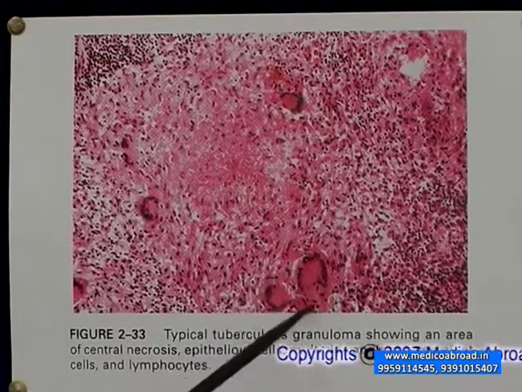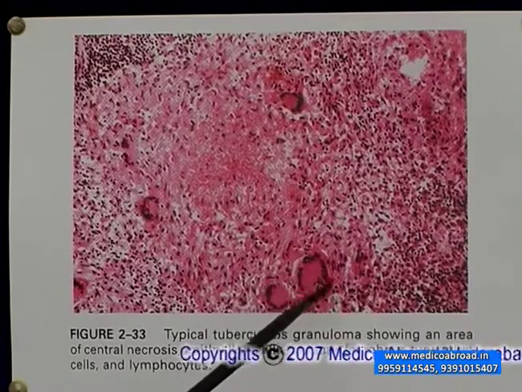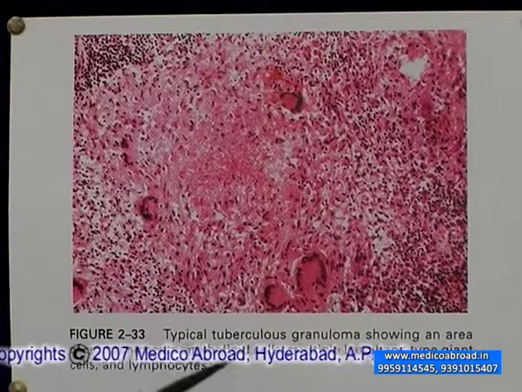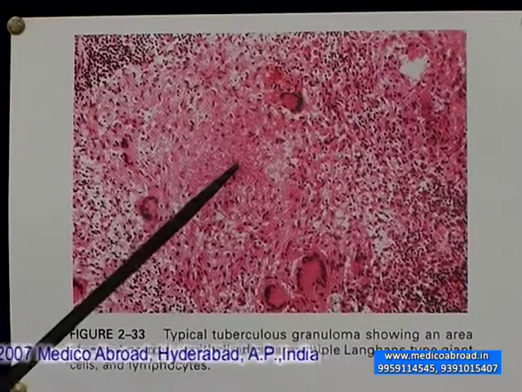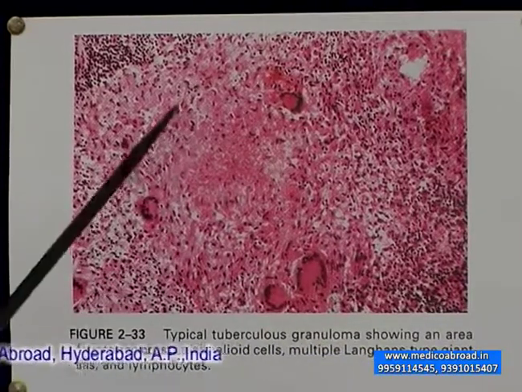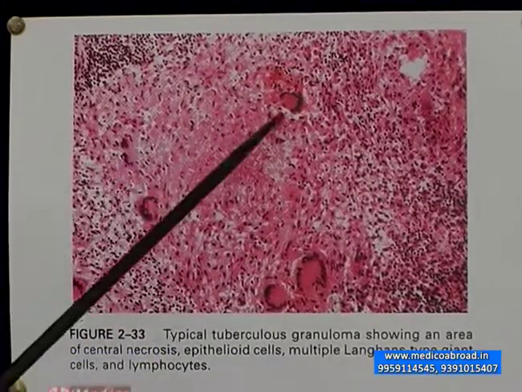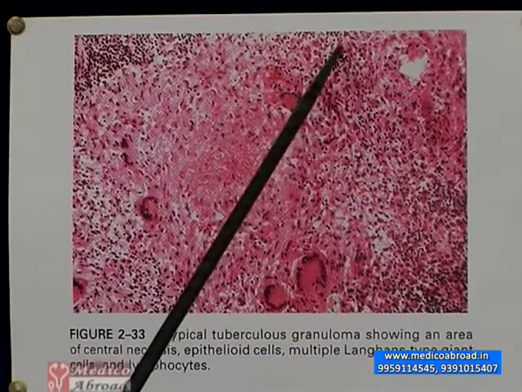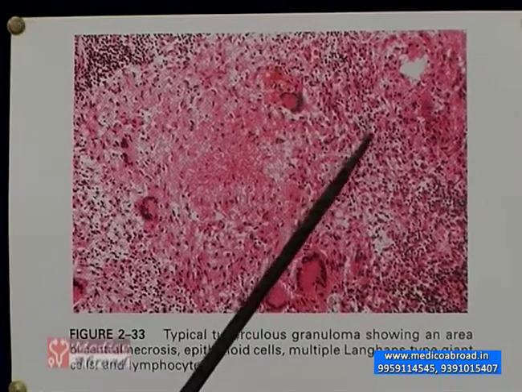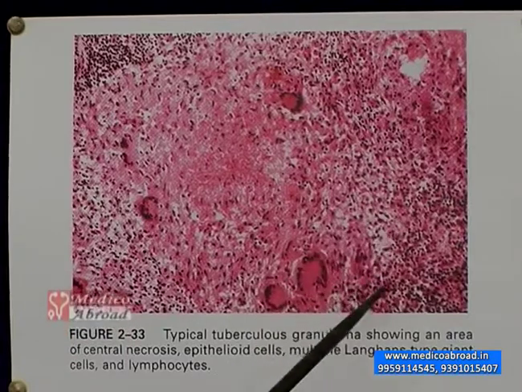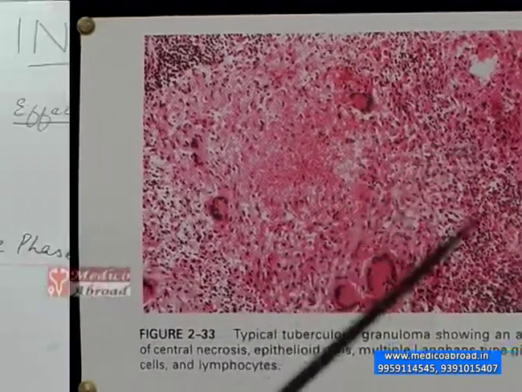They are giant cells with peripherally arranged nuclei. So this is the feature of tuberculosis. Central caseous necrosis, a collar of macrophages, Langhans type giant cells, and if you take a look towards the corner, these are fibrocytes. It has a rim of fibrocytes surrounding it.